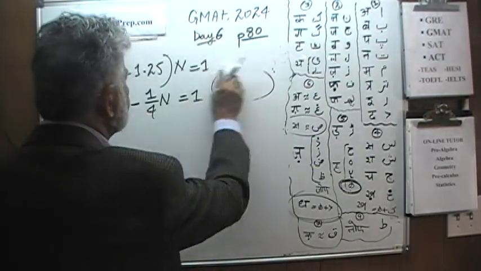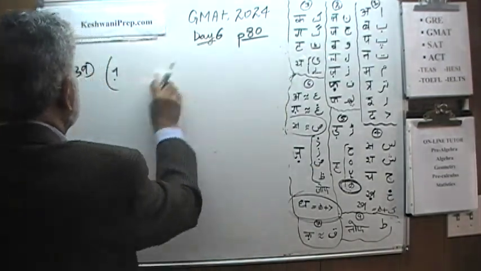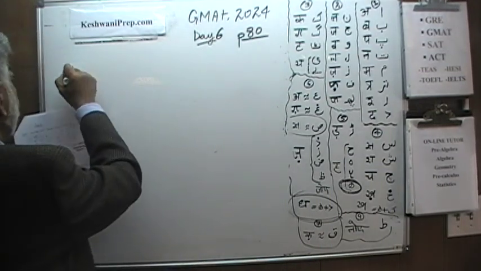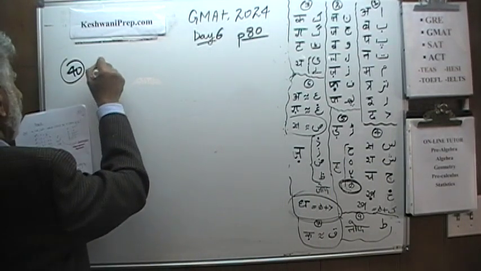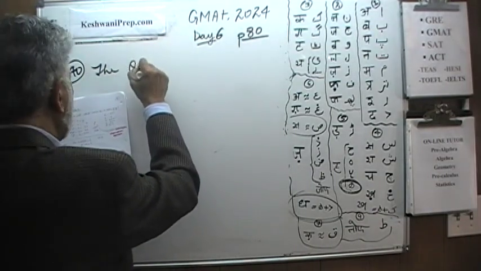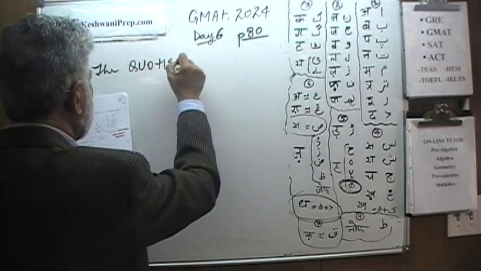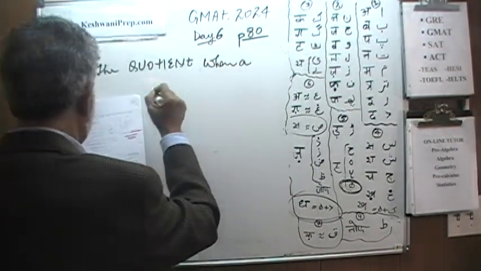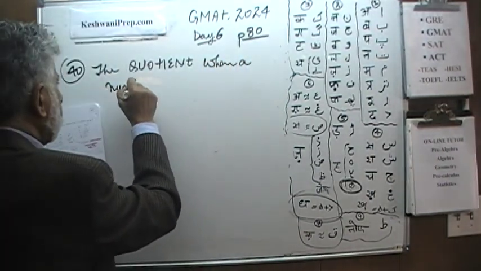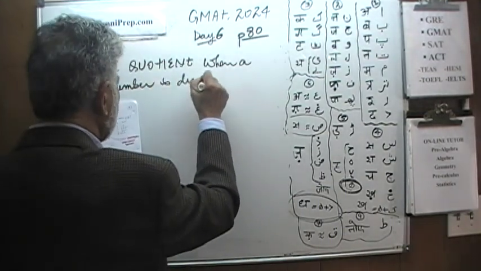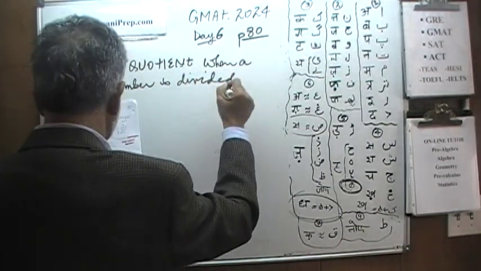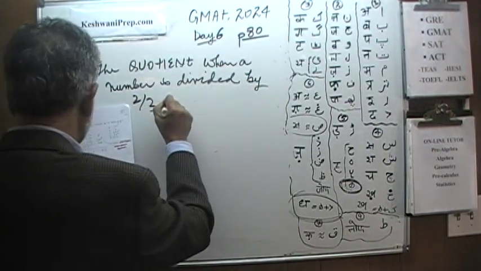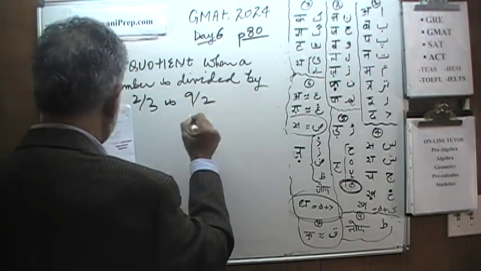Number 40. In number 40 we are told that the quotient when a number is divided by 2/3 is 9/2.